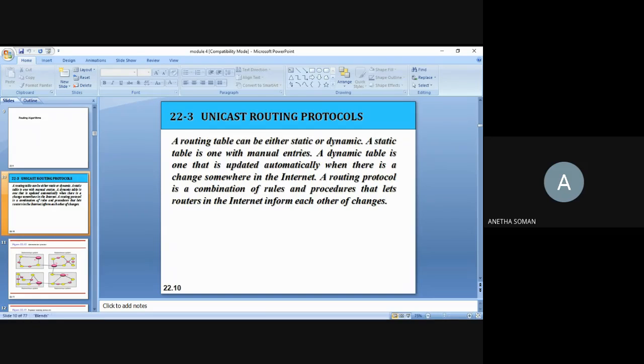So a routing protocol is a combination of rules and procedures that lets the routers in the internet inform each other of changes. Routing protocol means you are forming some rules and procedures so that each router will follow that, and whenever a change occurs, that is getting updated in the routing table.